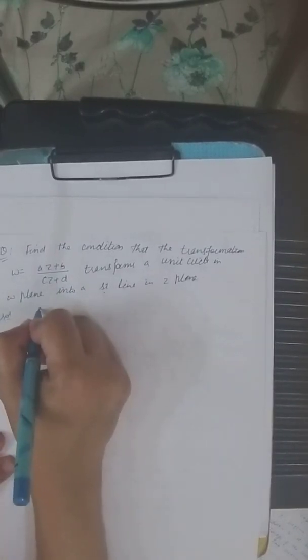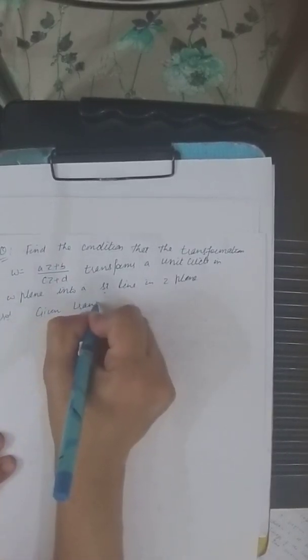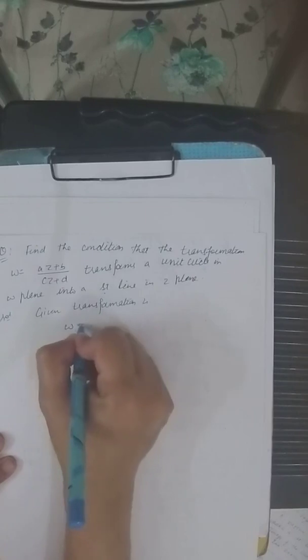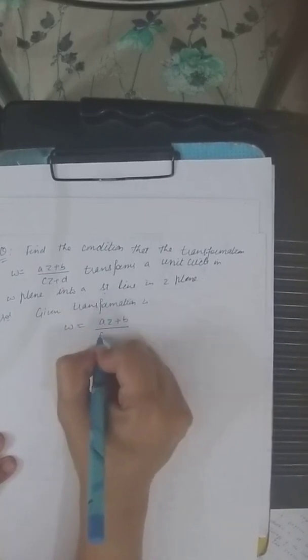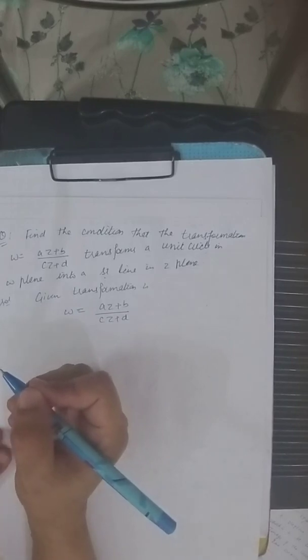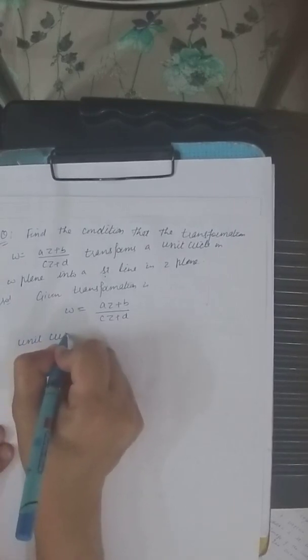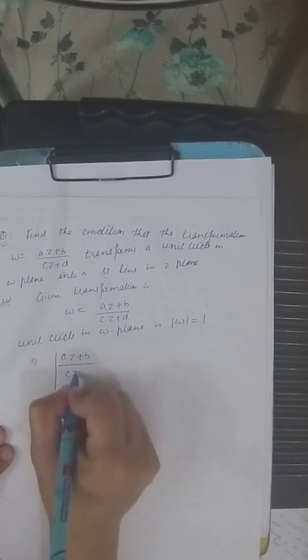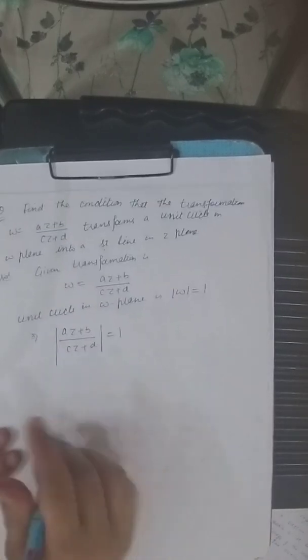Now the given transformation is W equal to (AZ plus B) over (CZ plus D). Now I am given that the circle is a unit circle in W plane. Unit circle in W plane is mod W equal to 1, or this implies that mod of (AZ plus B) over (CZ plus D) is 1.